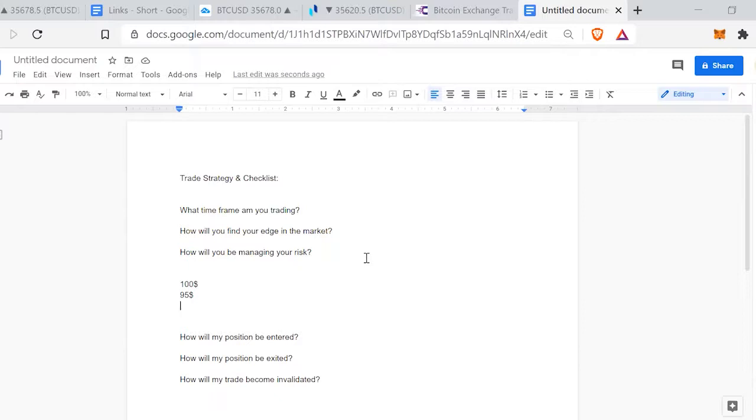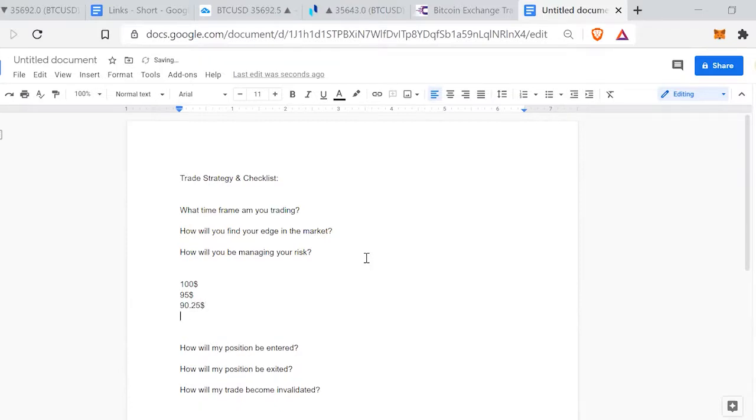You're going to be losing $4.75. So you'll have $90.25. If I keep doing this calculation, you'll notice 5% of your total is always going to be a little bit less than 5% of your original balance.